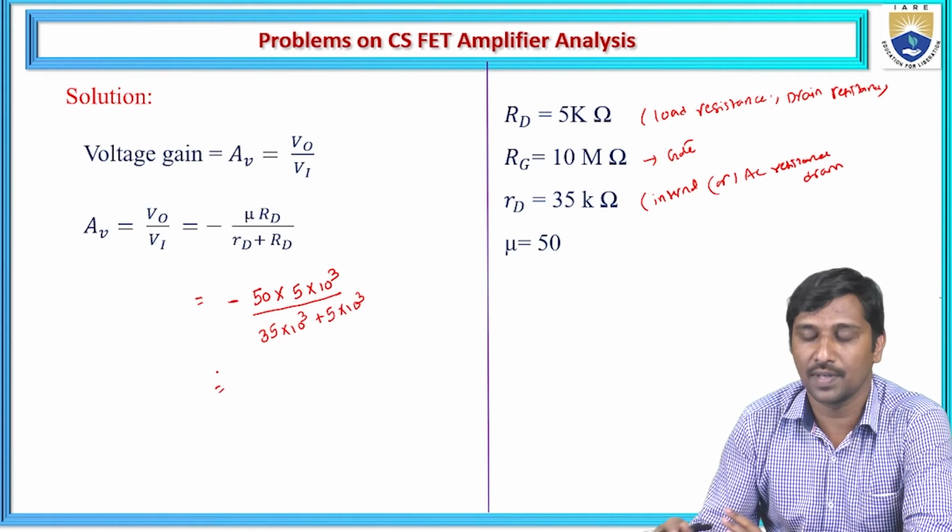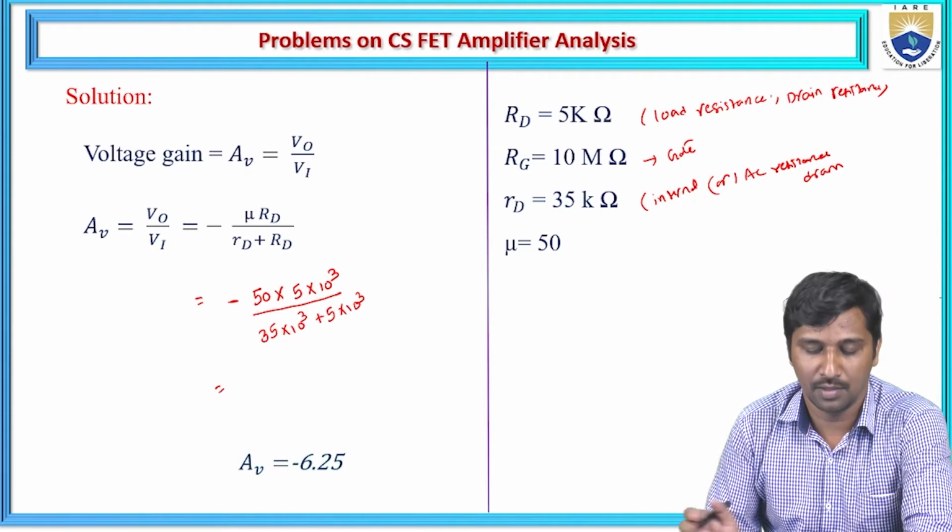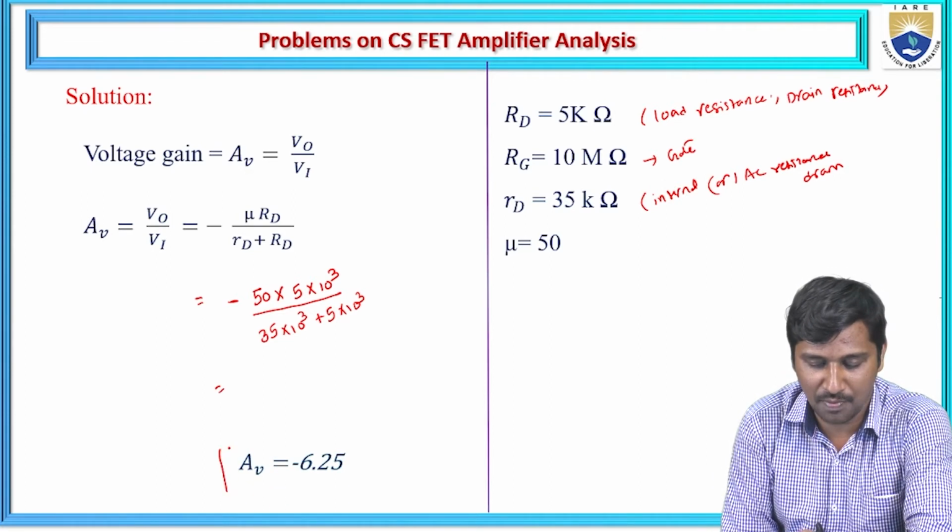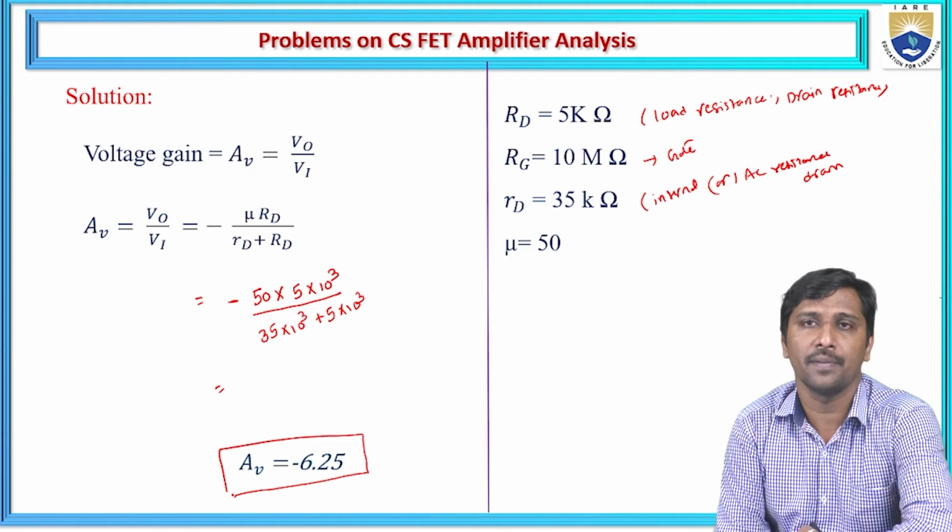Solving this gives a voltage gain equal to minus 6.25.